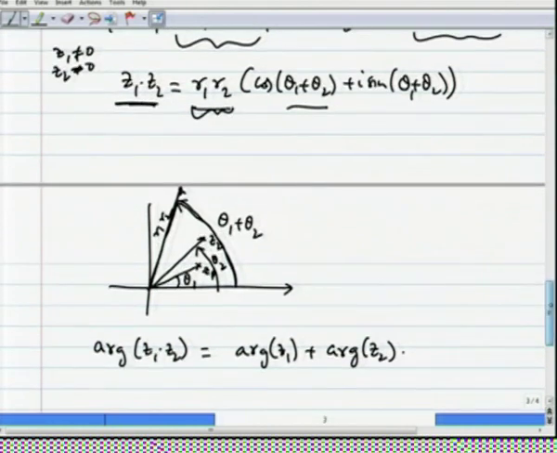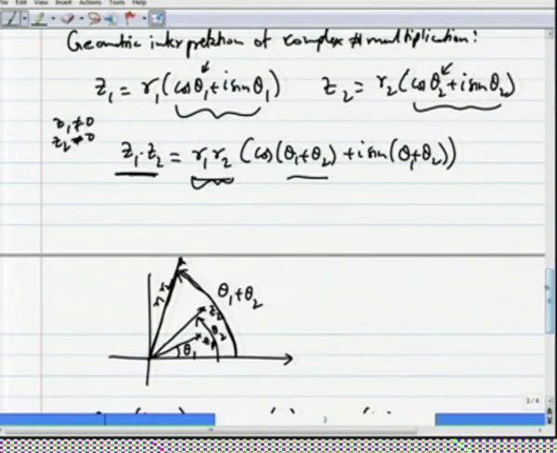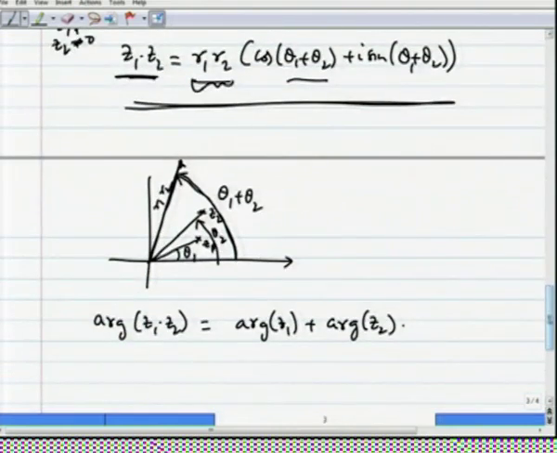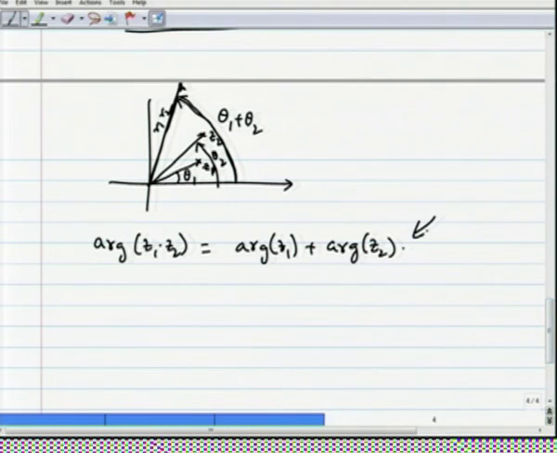Okay. So, any choice of theta 1 and theta 2 will give you this equation. This multiplication rule dictates that equation, and so you get this equality. So, an argument for z 1 times z 2 is an argument of z 1 plus an argument of z 2.